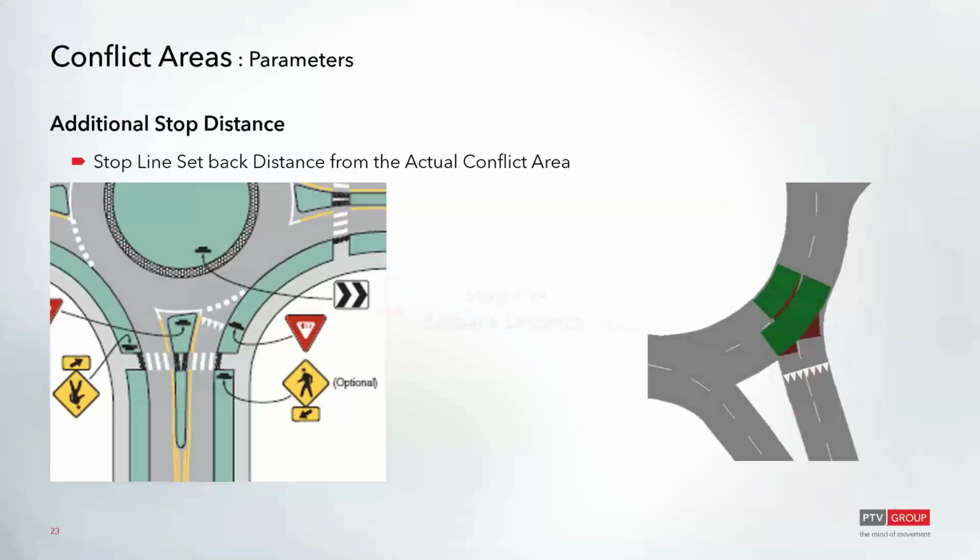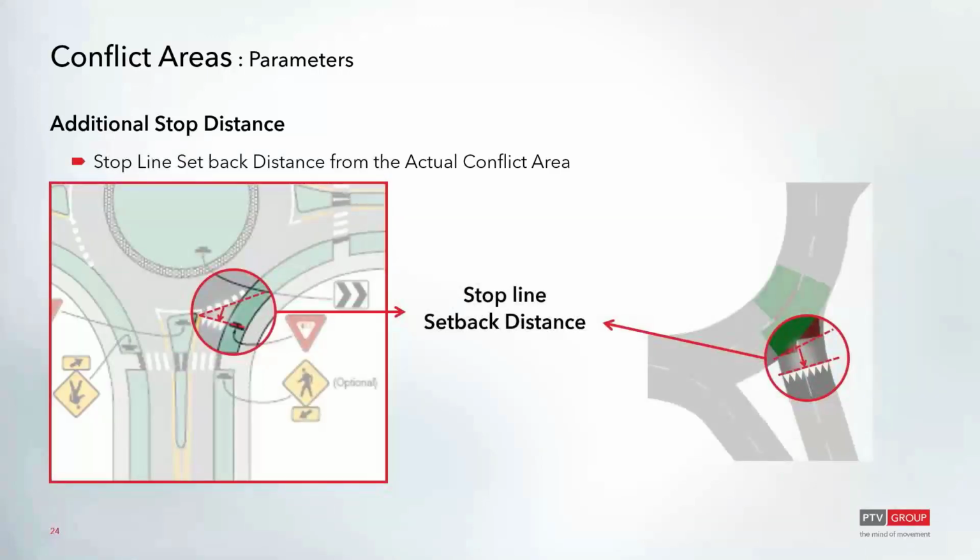So this attribute sets some additional distance where the vehicle can wait upstream of that conflict area, and then they can yield back here and continue on once they have the right of way. It is important to note that when you set this distance, once the vehicles evaluate that conflict area, they will continue going and proceed once they do have that right of way.